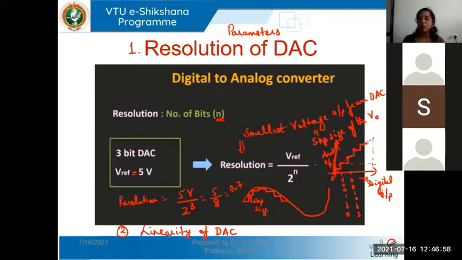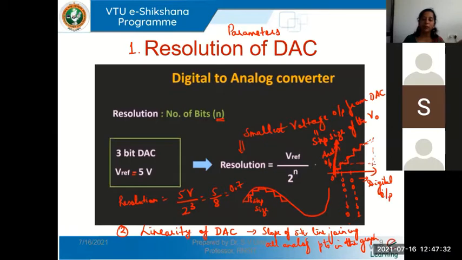And if I measure the slope of this straight line, that represents linearity. So the slope of the straight line joining all analog points in a graph is called the linearity.